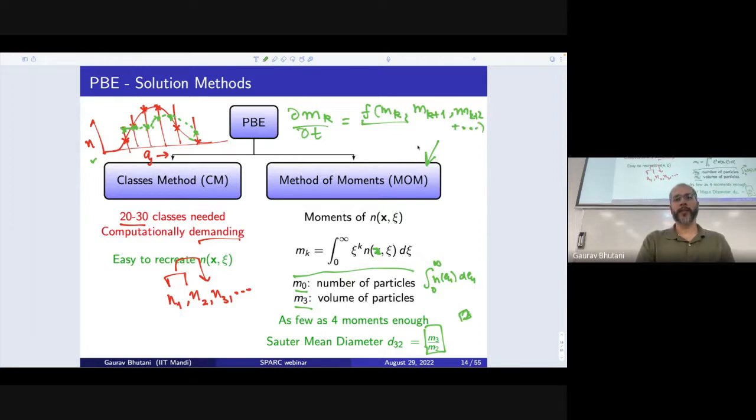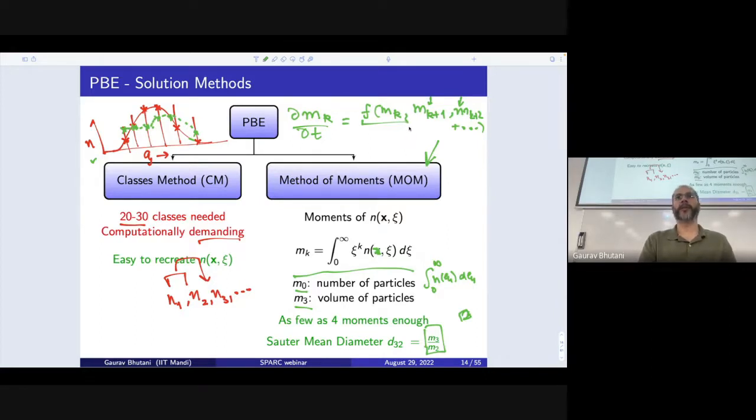So let's say you're only considering 4 moments, m0, m1, m2, and m3. And you're solving for m3. Now that depends on m4. That depends on m5. But we're not solving for m4 and m5. So this results in a mathematically open system.